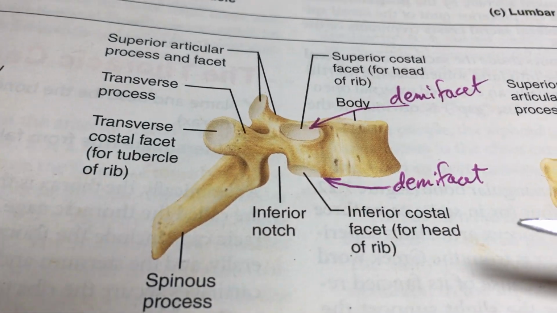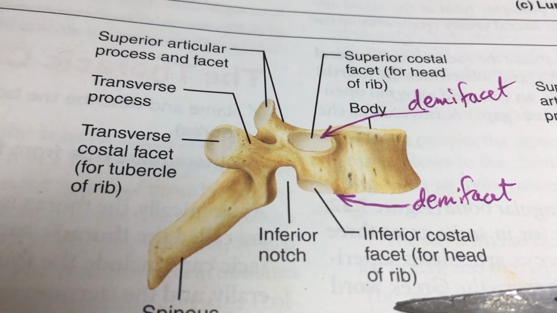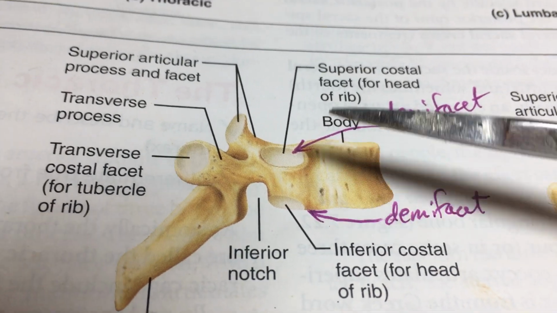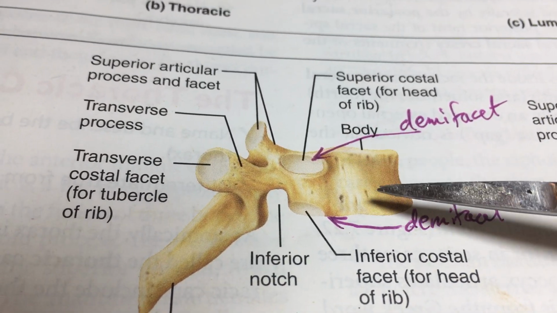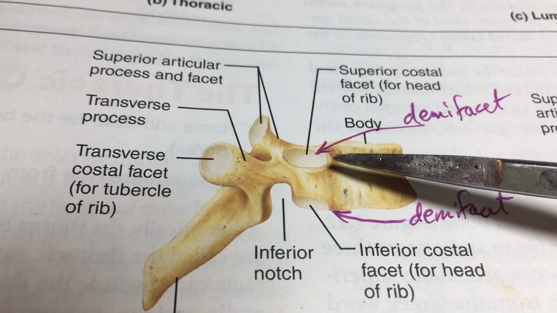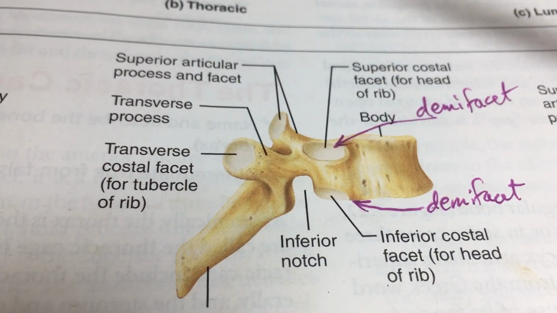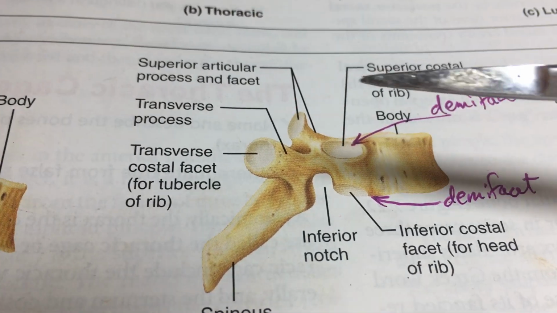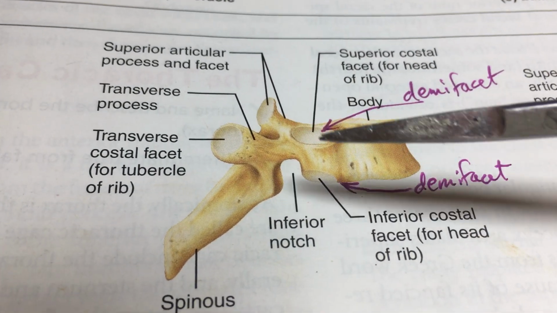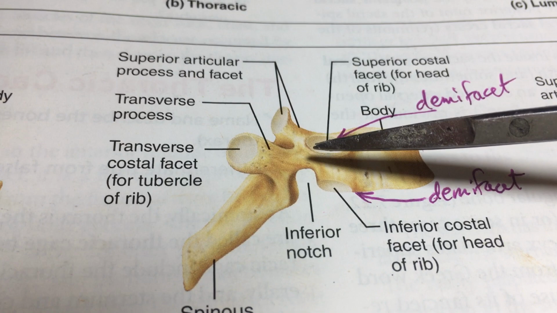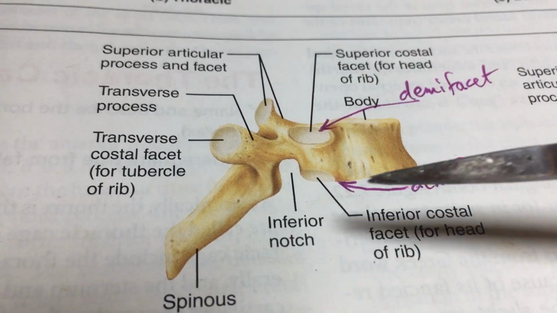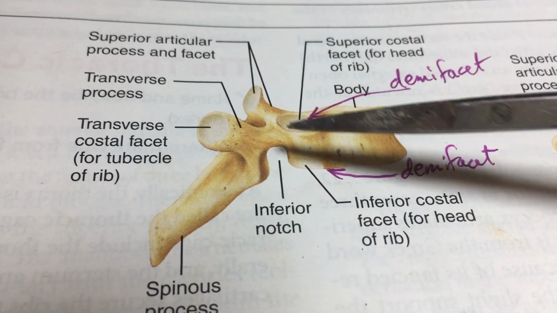Okay, notice that here's our demifacet again. We just looked at a demifacet above. There's a demifacet below. There's a superior articular process here and here. Inferior is here. Here's the pedicle.